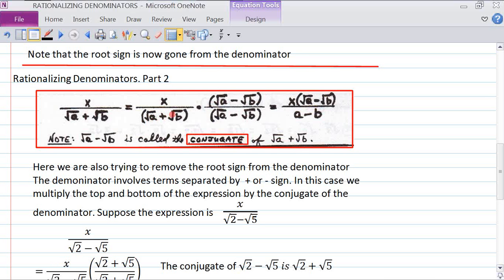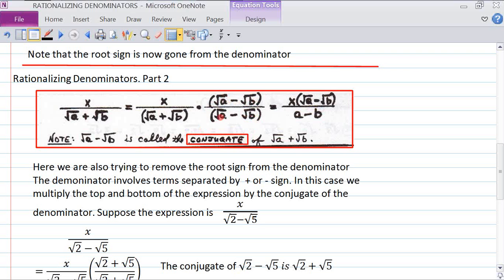This is root a plus root b. We write this again, root a and root b, but we put a negative sign here. So if this is plus, this is minus. If this is minus, this will be plus. I'm multiplying the top and bottom, but in doing so, I'm multiplying by 1 because what's on the numerator and what's on the denominator is equivalent to 1.